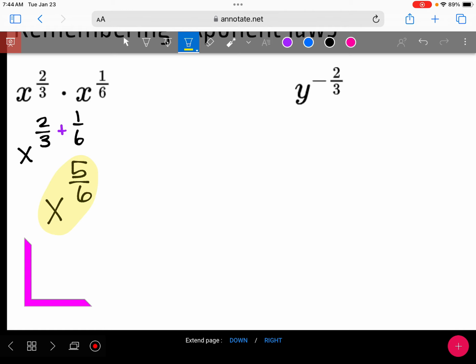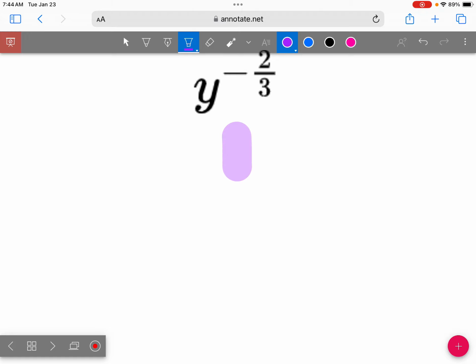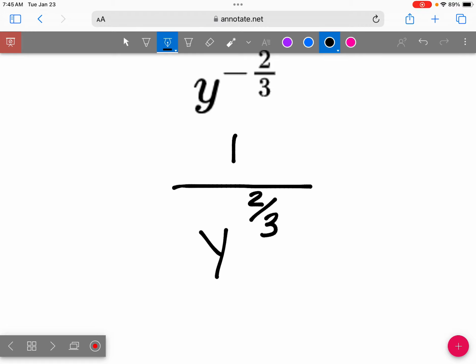On our -2, this becomes 1 over x squared. On our fractional exponents, it does the same thing. We're doing 1 over y to the 2/3. It puts it into the denominator.